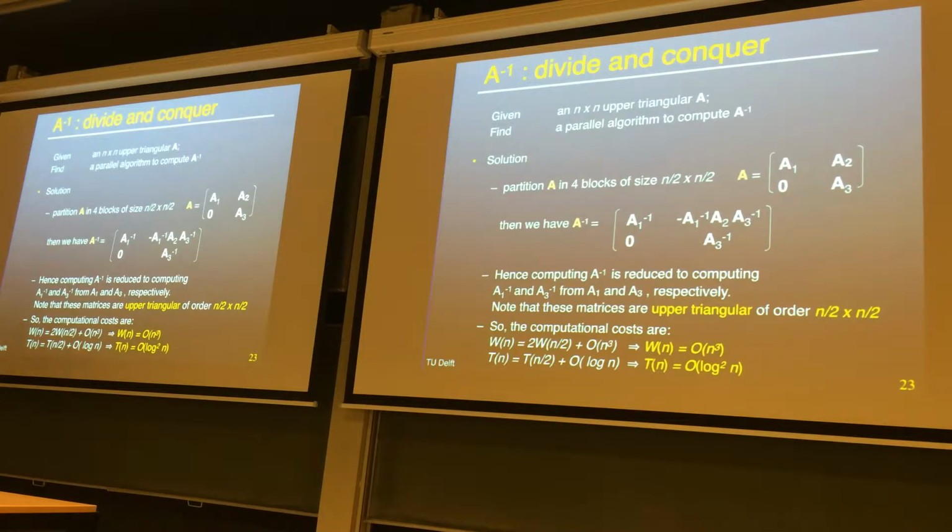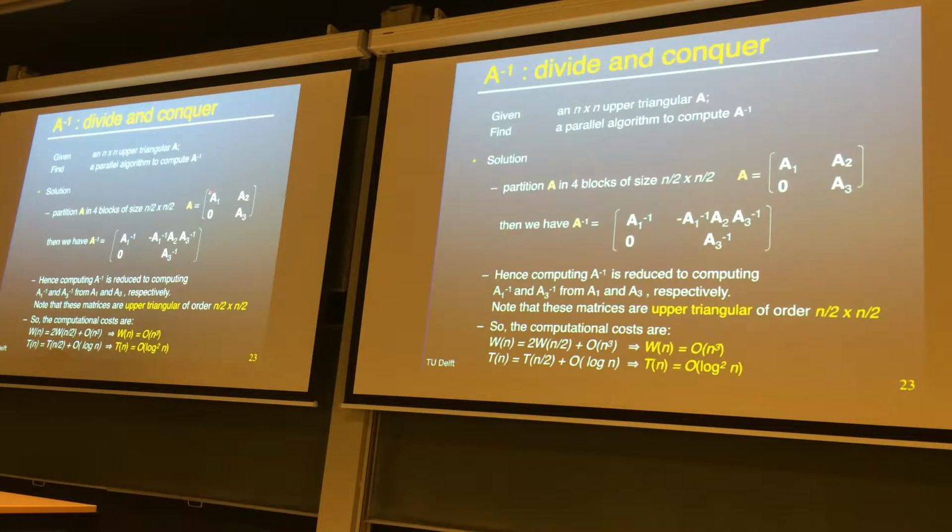Well, assume that we have an upper triangular matrix, then the general form of such a matrix consists of a block here of arbitrary entries, here a block of arbitrary entries, here a block of arbitrary entries, and here a submatrix containing only zeros.